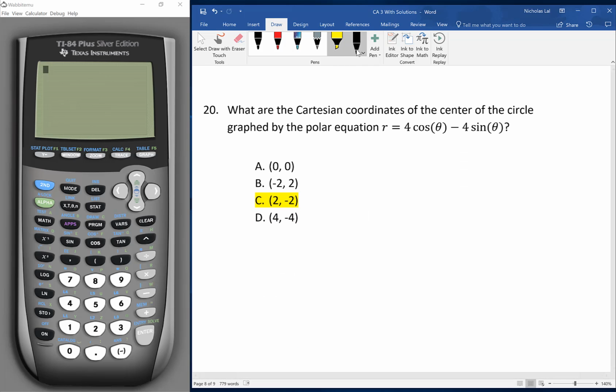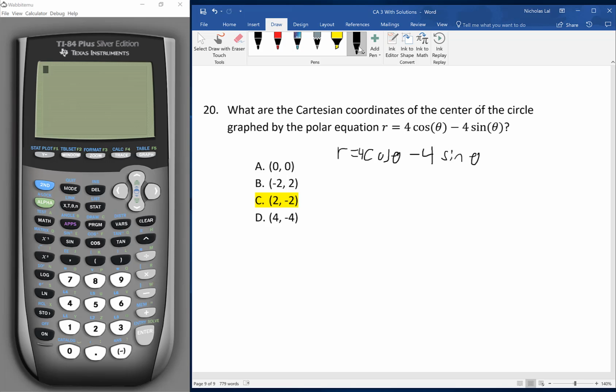What are the Cartesian coordinates of the center of the circle graphed by the polar equation? R is equal to 4 times the cosine of theta minus 4 times the sine of theta. So we need to use our polar conversion formulas again to convert to Cartesian.